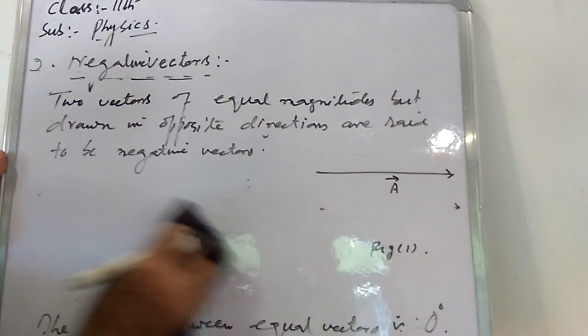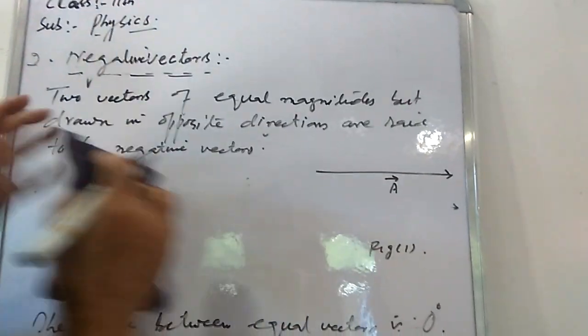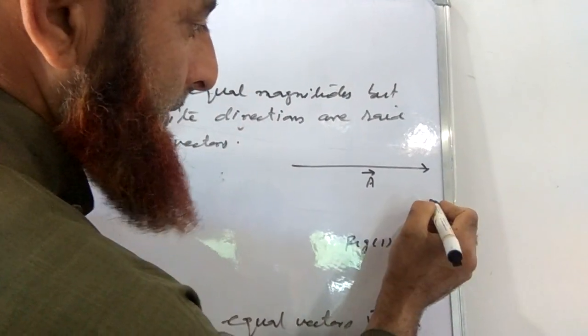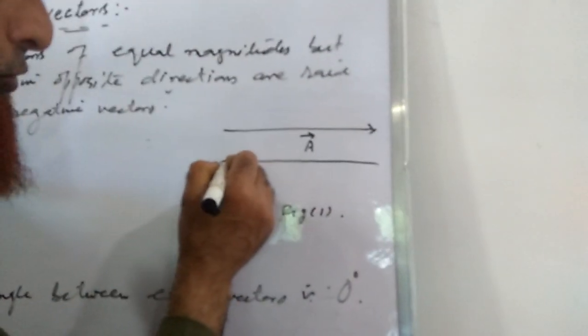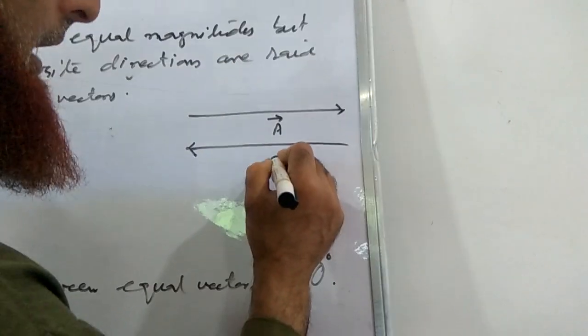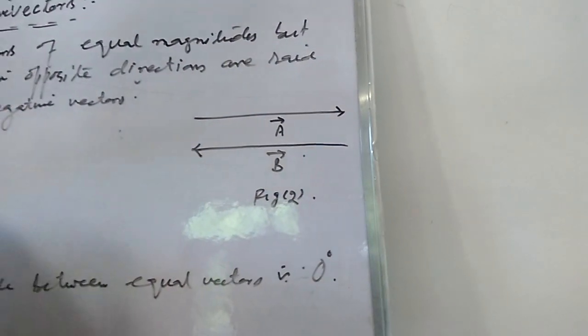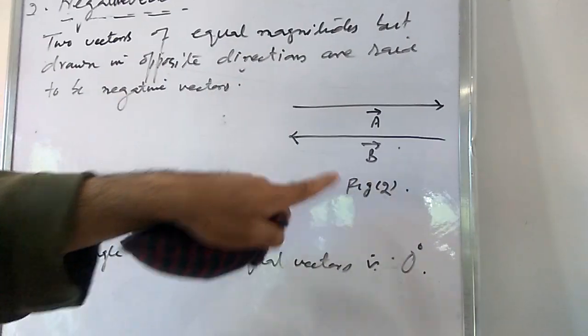Now dear students, negative vectors, two vectors of equal magnitude but drawn in opposite direction. That means the magnitude of the two vectors is equal but they are drawn in opposite directions. So when they are drawn in opposite and having equal magnitude, they are said to be negative vectors.